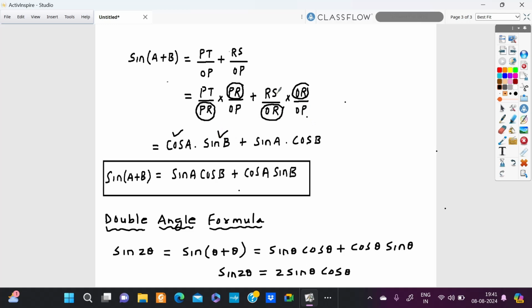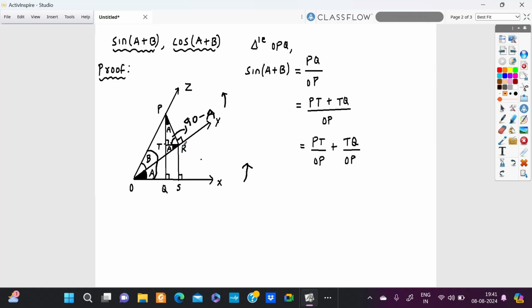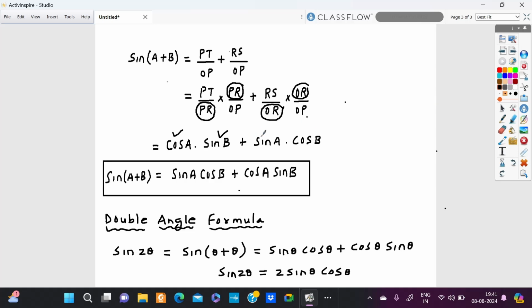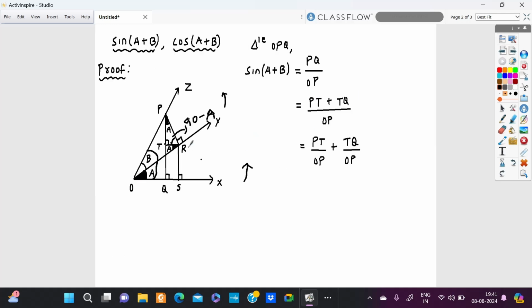Likewise, RS over OR is opposite over hypotenuse for the given angle A. Therefore, I can write this as sin A. OR over OP, for the given angle B, is adjacent over hypotenuse.